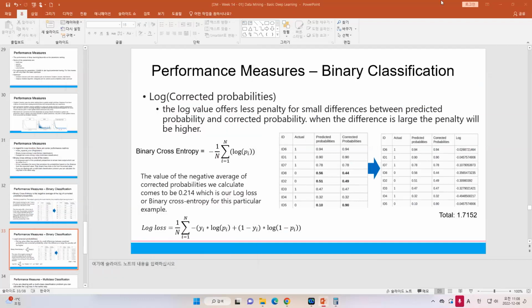Now the formula is log p_i. We have the minus something, and then we need to do the summation and multiply by minus 1 divided by n, where n is the number of data. So let's see.